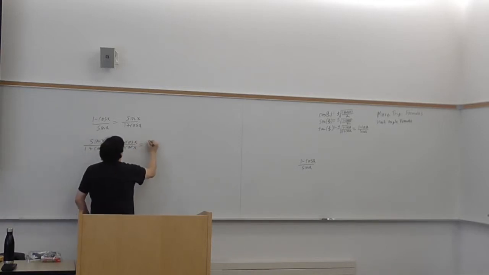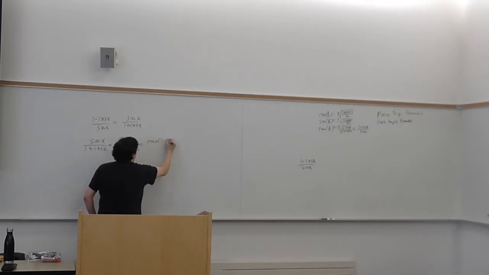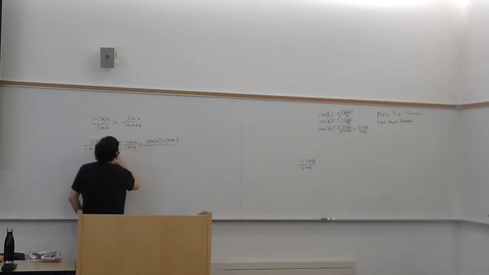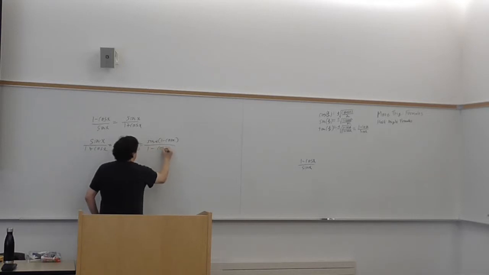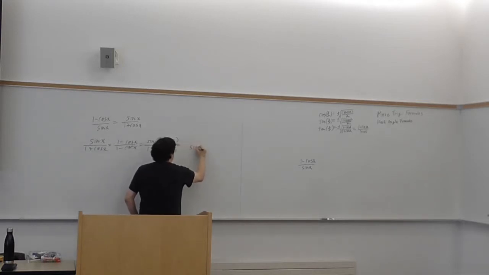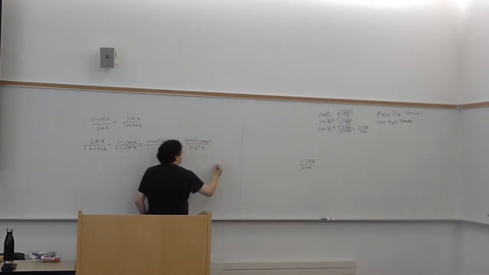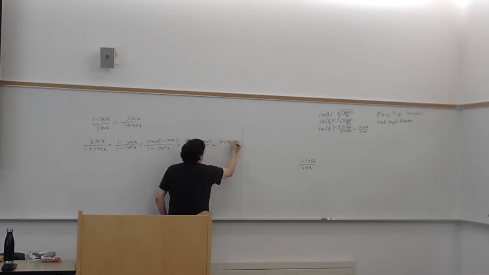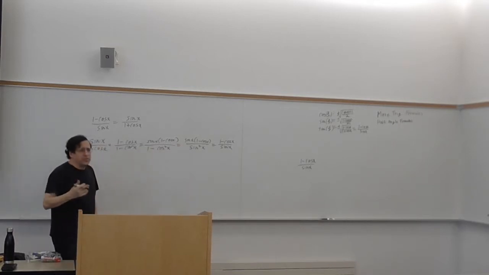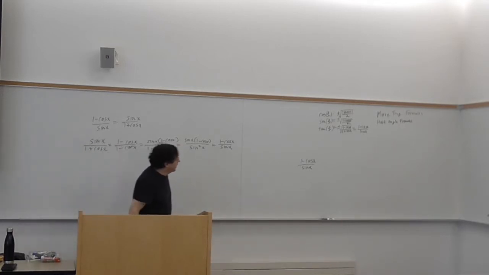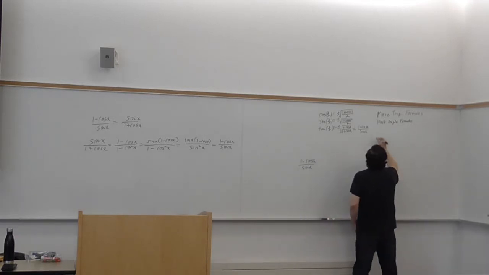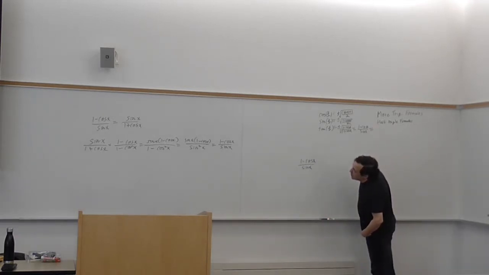So on top I get sine of x times 1 minus cosine of x, and on the bottom I'm going to get 1 minus cosine squared x, which of course is just sine squared x again. Sine of x over 1 minus cosine of x. But I can eliminate a factor of sine of x, so this is 1 minus cosine of x over sine of x.